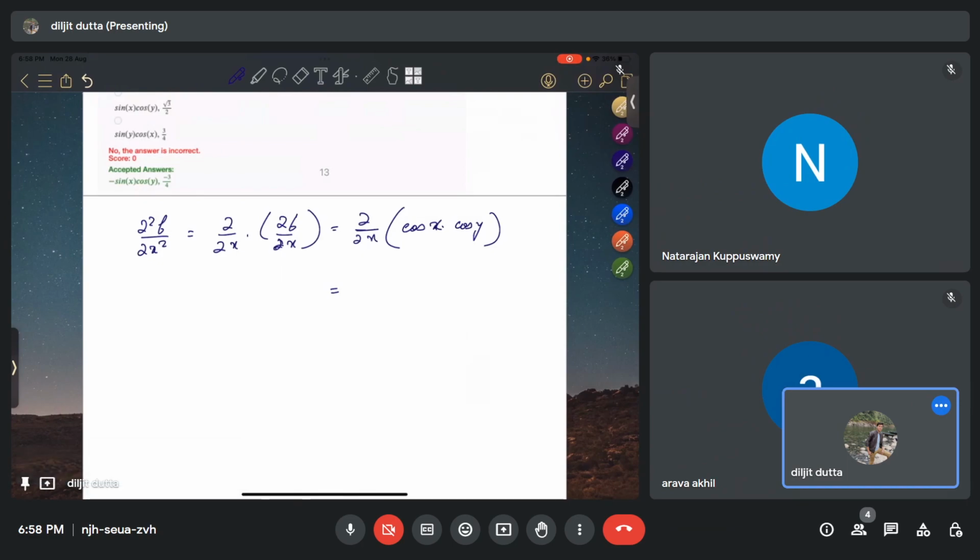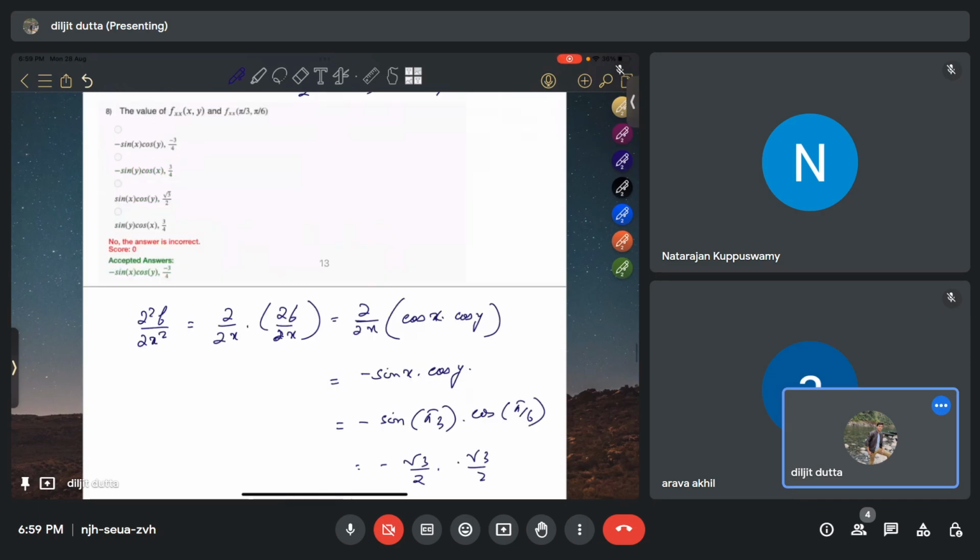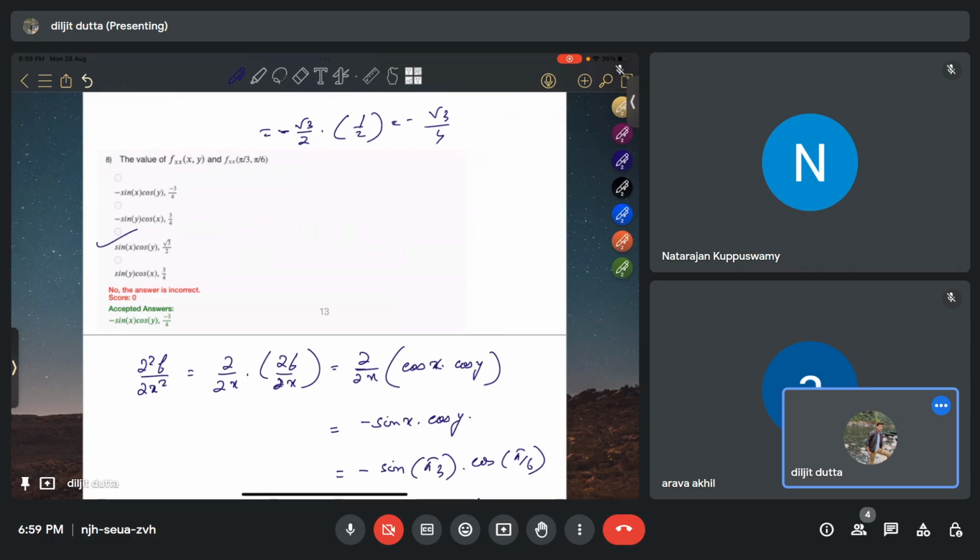If we take the derivative, it will be minus sin x into cos y. So it will be minus sin pi by 3 into cos pi by 6, minus root 3 by 2 into root 3 by 2, equal to minus 3 by 4.